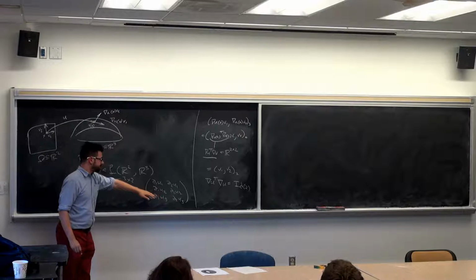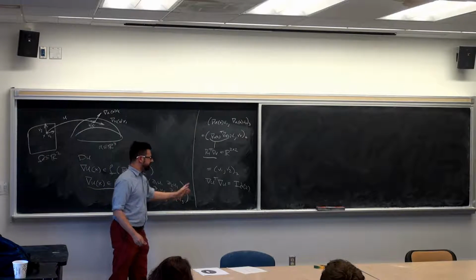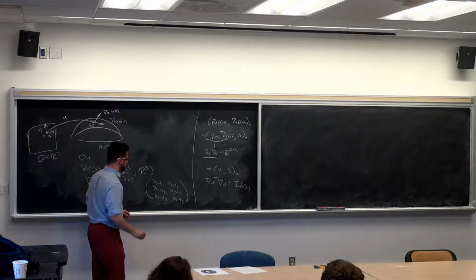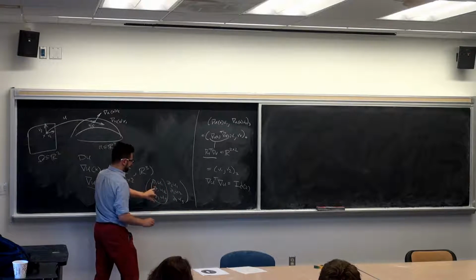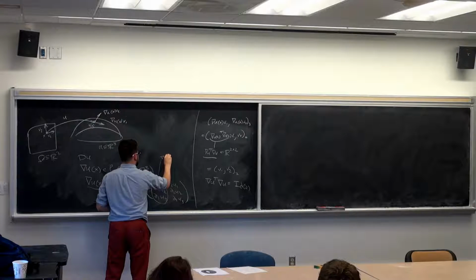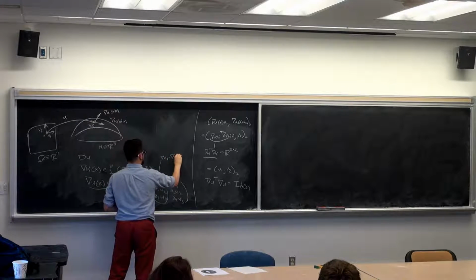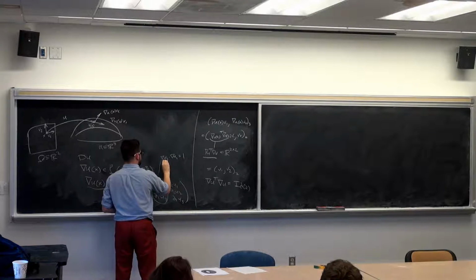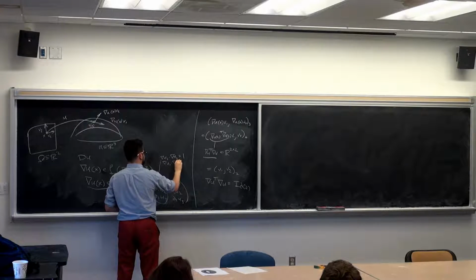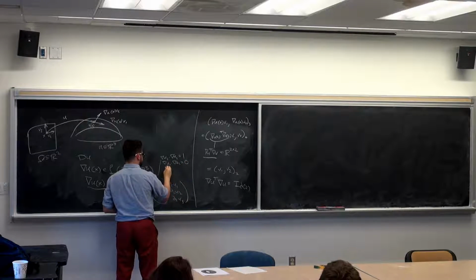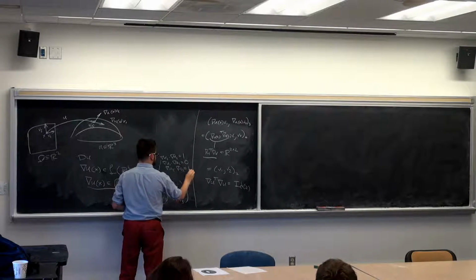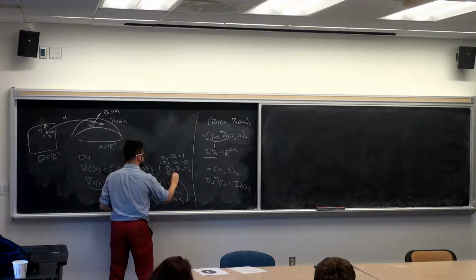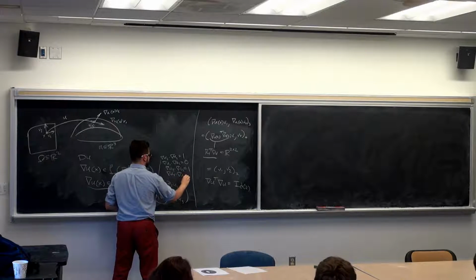Another way of looking at this is just saying grad U transpose grad U equals the identity. That means grad U1 dotted with grad U1 is 1, grad U1 dotted with grad U2 is 0, grad U2 dotted with grad U2 is 1, and grad U2 dotted with grad U1 equals 0.